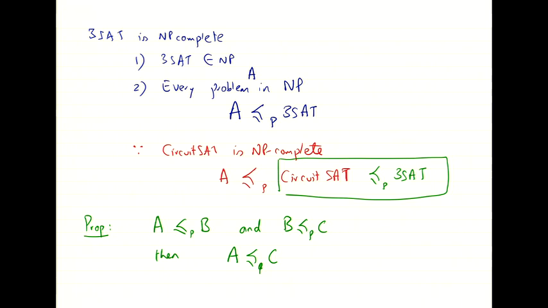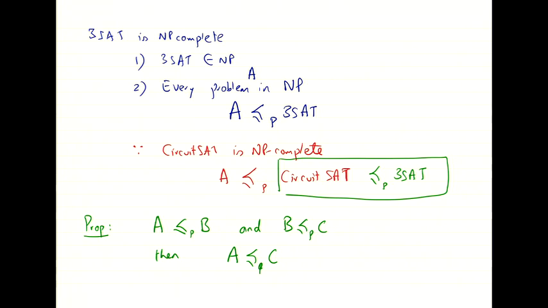So we don't have to work with every problem anymore. If you want to prove that some problem is NP complete, we just have to pick our favorite problem, which we know is already NP complete, and reduce from that.